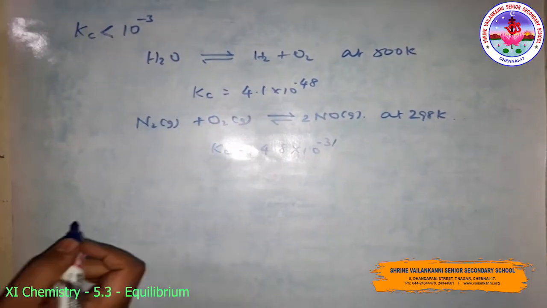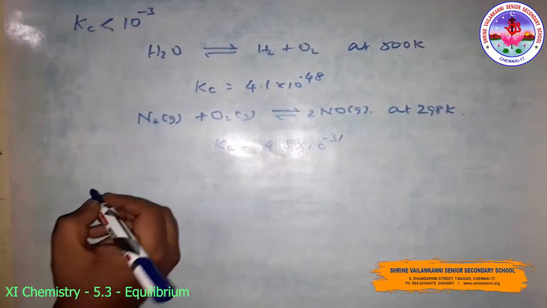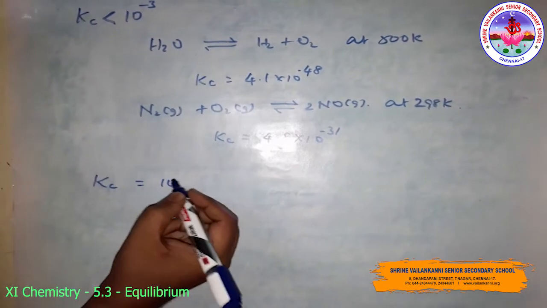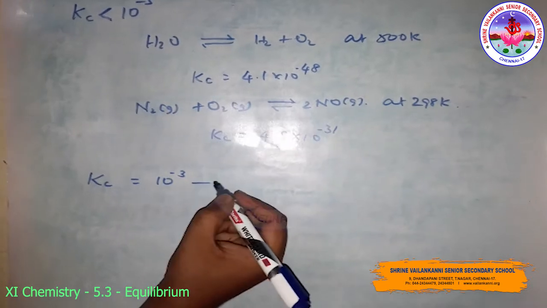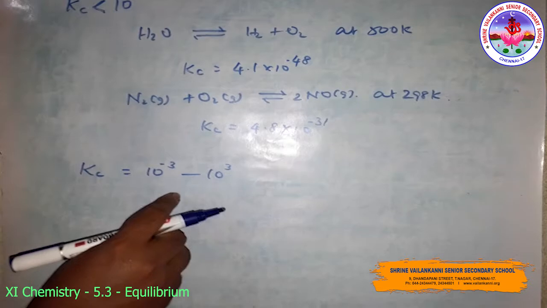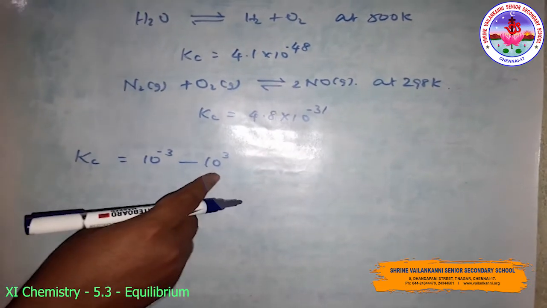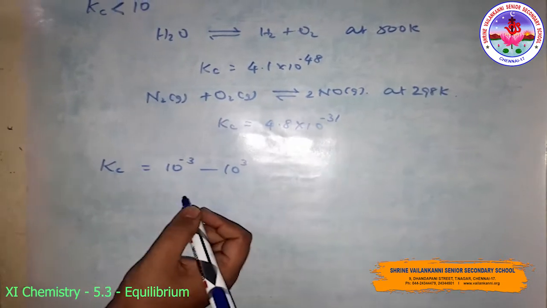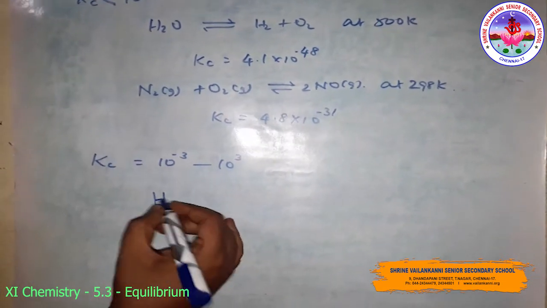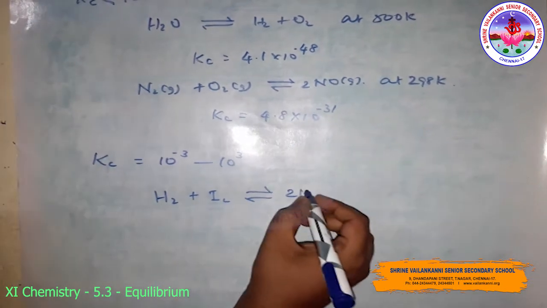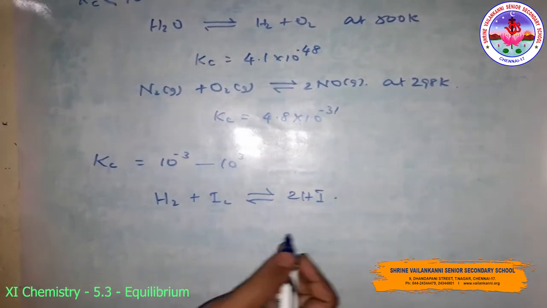Suppose the Kc is in the range of 10^-3 to 10^3; then appreciable concentrations of both the reactants and the products are present. An example is the formation of hydrogen iodide, H2 plus I2 forming 2HI.